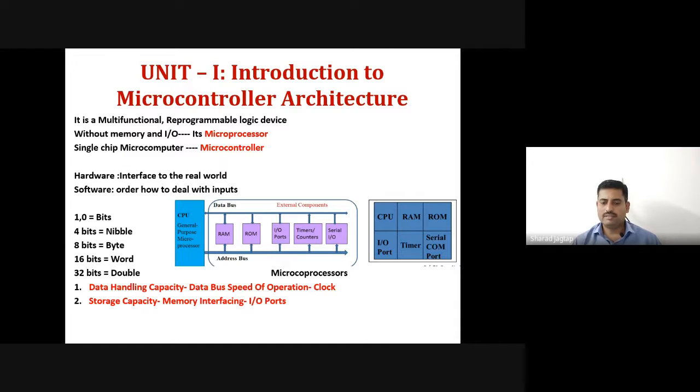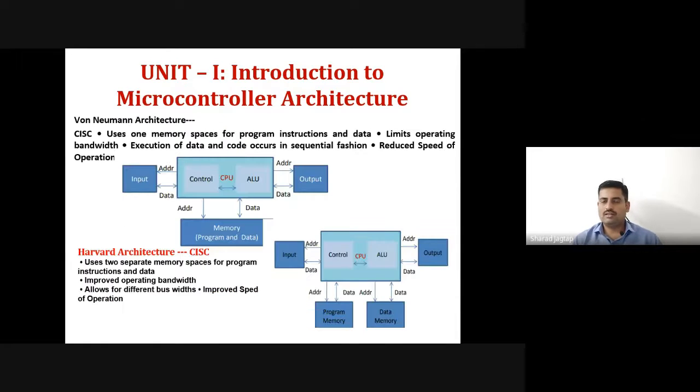Data handling capacity is nothing but the data bus speed of operation, and it depends upon the clock. Also storage capacity is related with memory interfacing. Again, it is related with input output ports. So there are basically two types of architectures for microcontroller which we can use.